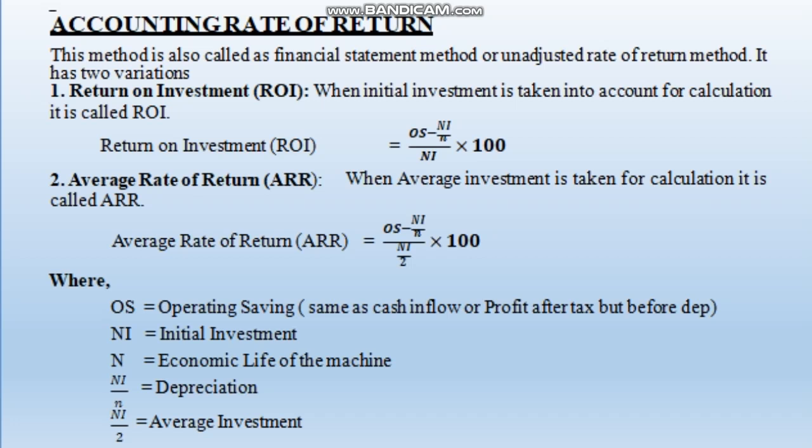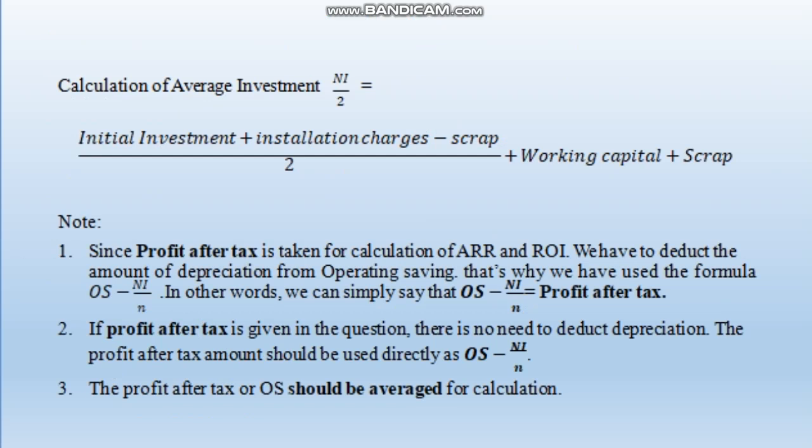Let us see some other aspects relating to accounting rate of return. The average investment, that is NI by 2, is calculated using the formula: initial investment plus installation charges minus scrap value, divided by 2, plus working capital plus scrap.